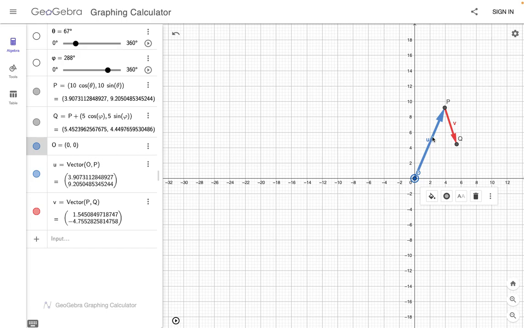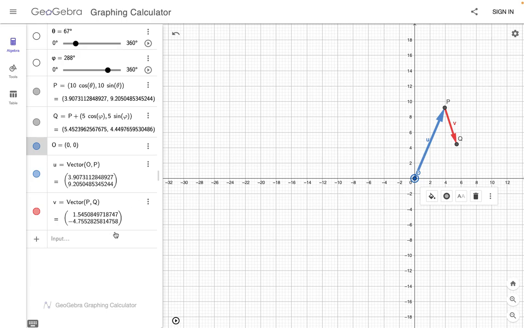The U vector, the blue vector, is made using the command Vector OP, and the red line is made with starting point P and end point Q. Q is defined using a radius of 5 units and the angle phi.